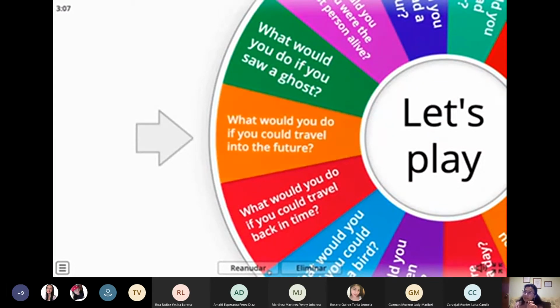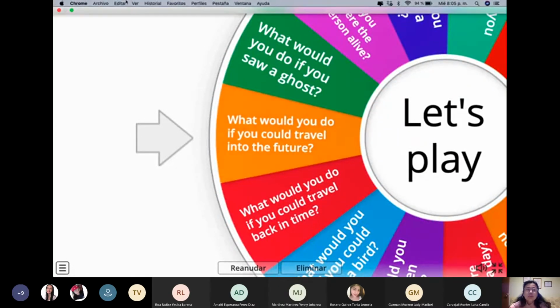Si usted pudiera viajar al futuro, ¿qué harías? What would you do if you could travel into the future? Would the modal and could the past tense of can. What would you do if you could travel into the future? Remember, you can use the chat to participate or you can use the microphone.